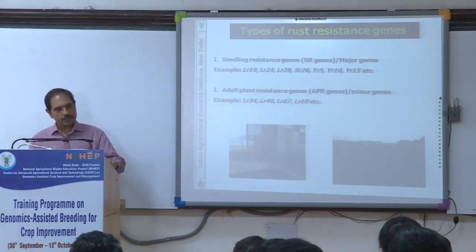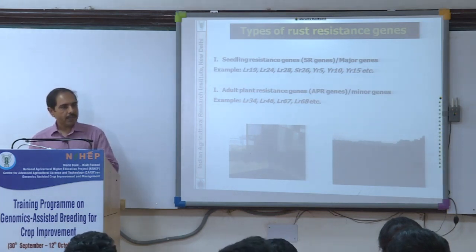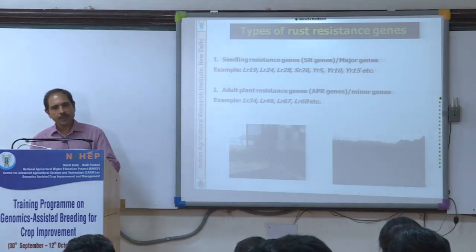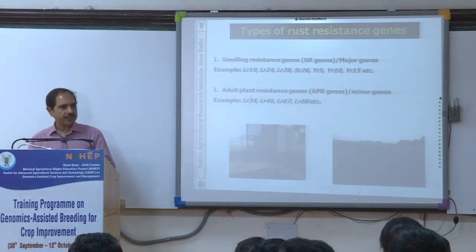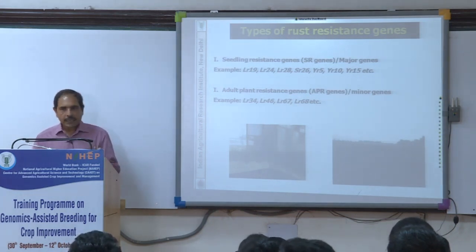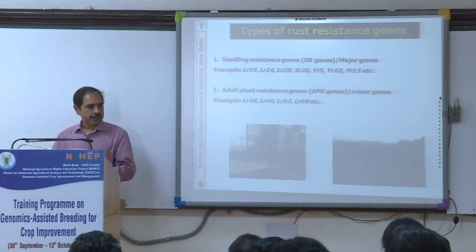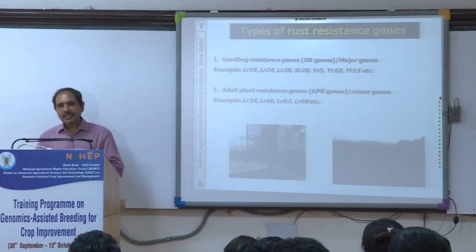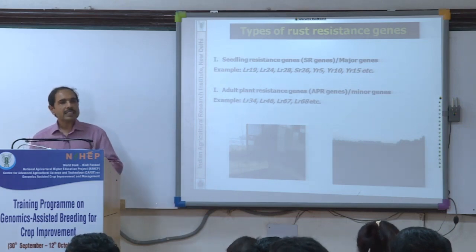They are not specific to a race. They will confer resistance against all the races. Whereas race specific genes may confer resistance against certain races, and may not confer resistance against other races. So race specific genes are there, race non-specific genes are there, and most of the APR genes are race non-specific, and most of the seedling genes are race specific genes.